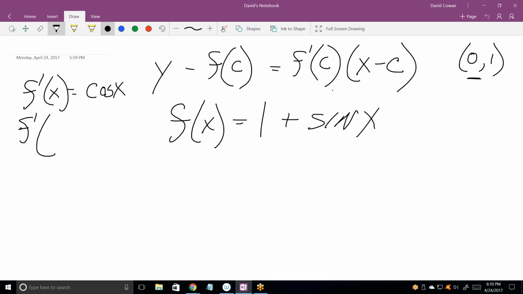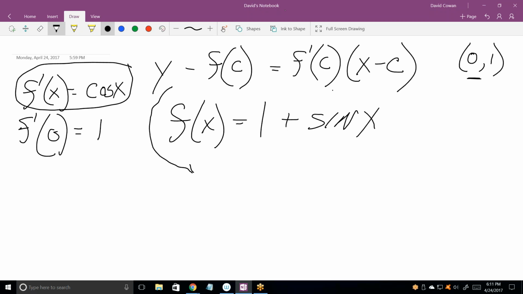So I want to figure out what f prime of 0 is. Well, this is f prime of x, so when I plug in 0 for x, what's the cosine of 0? 1. Okay. So now I'm ready to do this. Going down here, I've got y minus, well, what's f of 0?